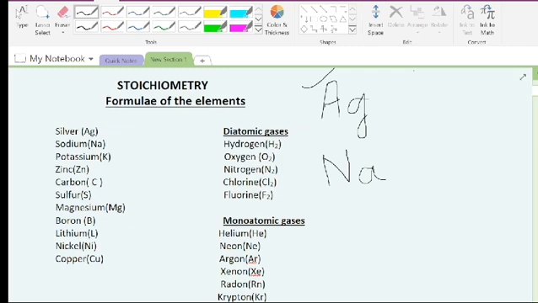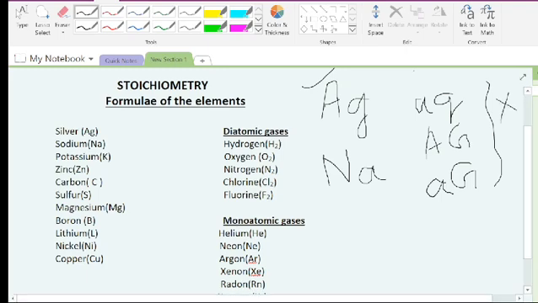Some of the students make a mistake in which they write the first letter smaller and the second letter smaller as well. Or the first letter capital and the second letter capital. Some of them also write A smaller and G capital. These three ways of writing the symbol of an element consisting of two alphabets are the wrong way to write.